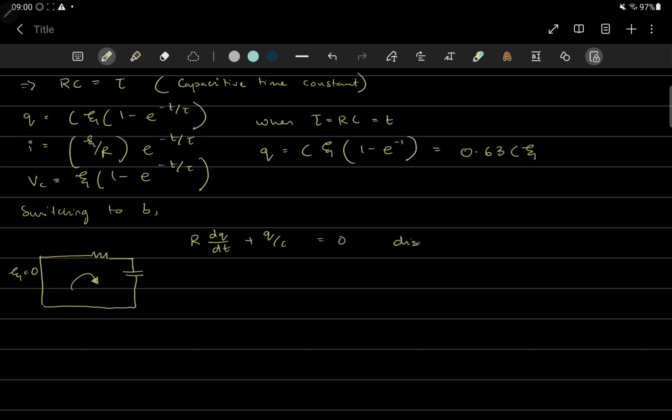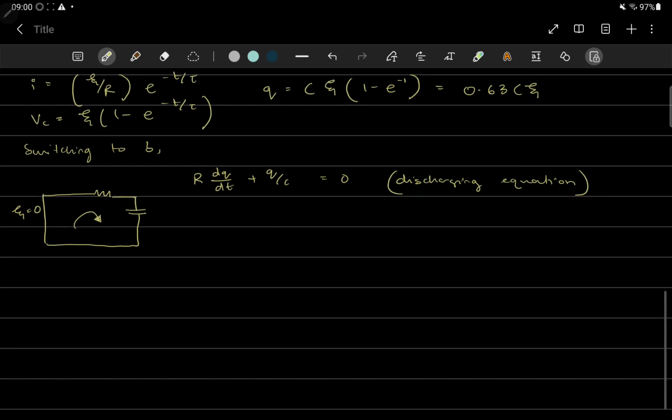So this is the discharging equation. Okay, now the same thing we did earlier, we're going to solve this differential equation and we will get a solution which looks like the following.